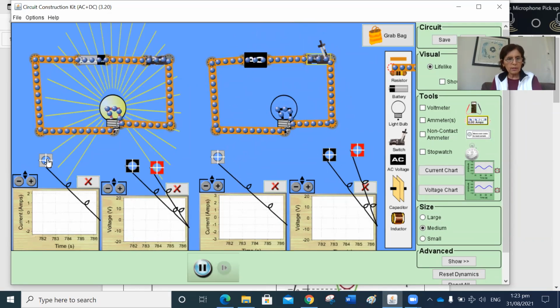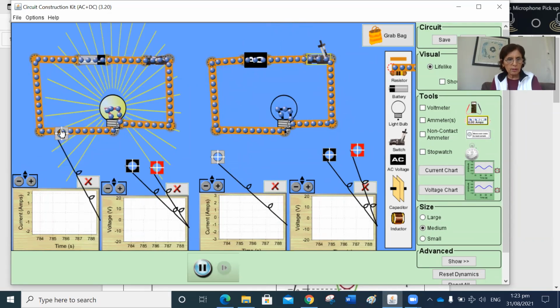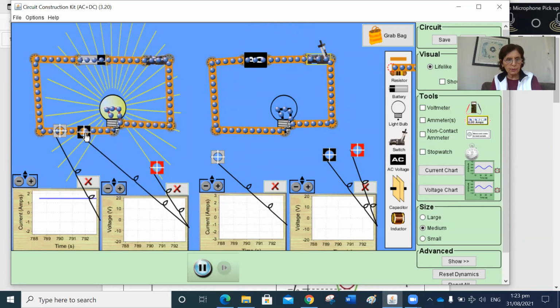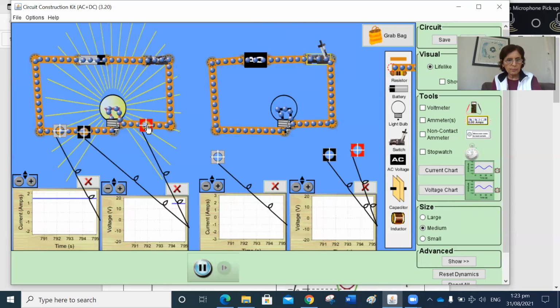Now, if we look at how the current and voltage change in a DC circuit, this is the current time graph. And this one over here will show you the voltage time graph. So as you could see, initially current was 0 before I turn the switch on.